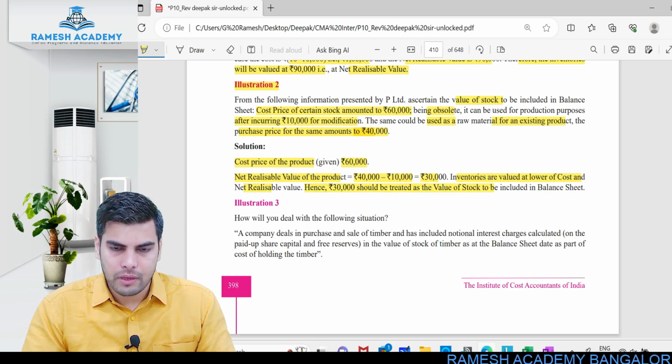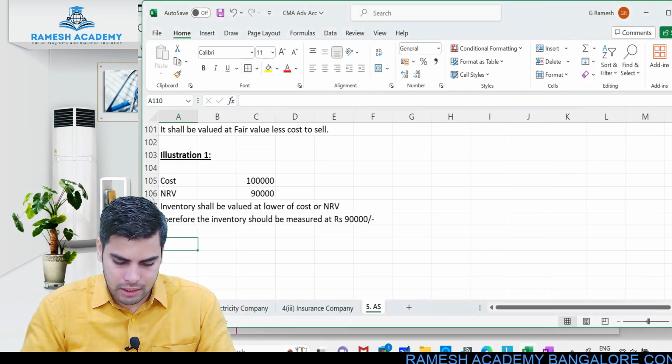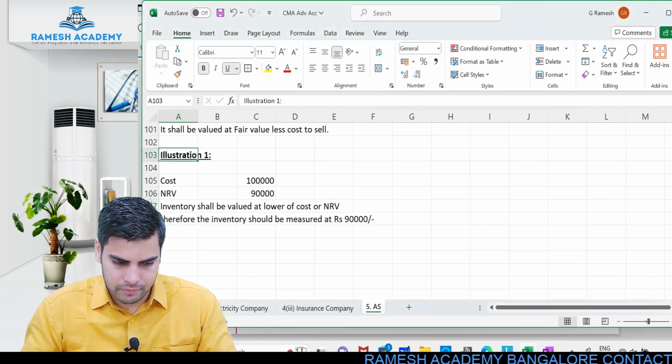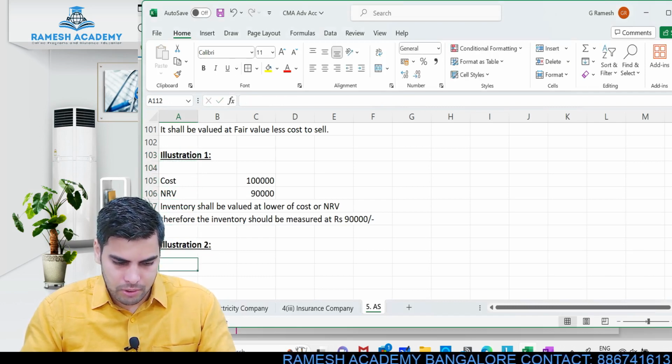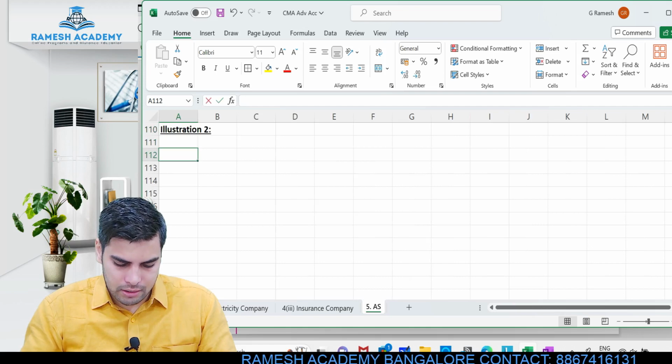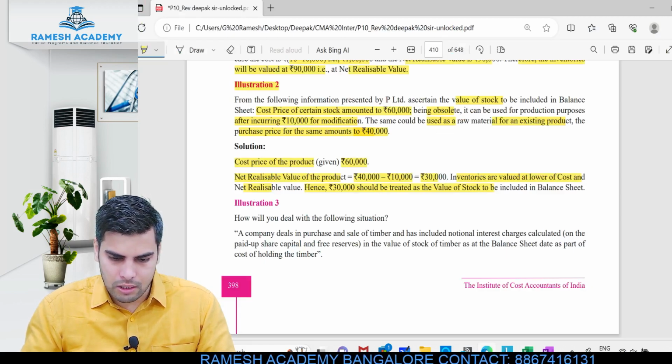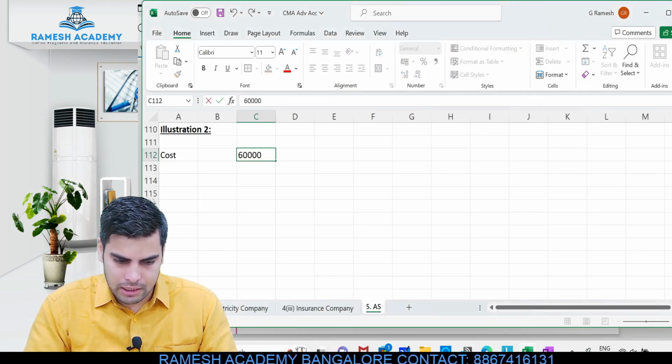Clear? Okay, so let me just write this illustration in simple terms. Illustration number 2. In this case, the cost is given straight away as 60,000 rupees.